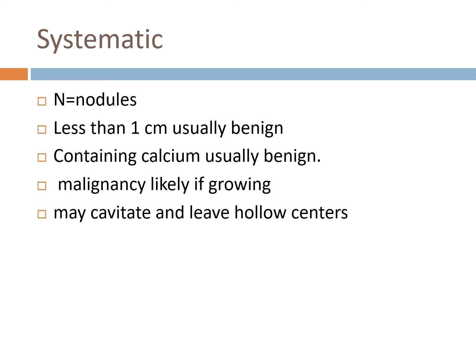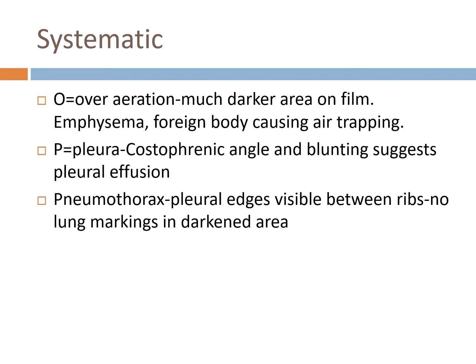If it's a malignancy, it's probably going to change in size. Looking for over aeration, a darker color on the film, indicating emphysema. Also, possibly, some type of foreign body causing air trapping. Again, make sure the costophrenic angles aren't blunted, because that could indicate a pleural effusion. And then, of course, a pneumothorax.